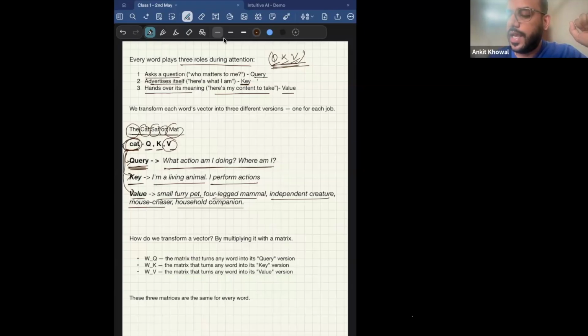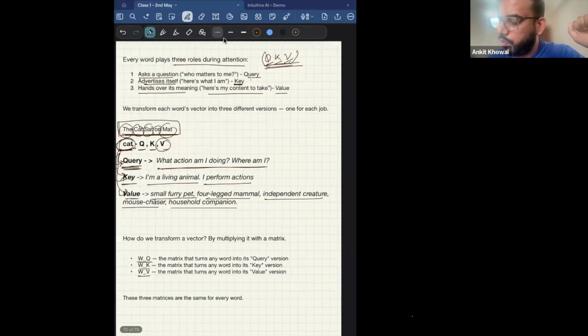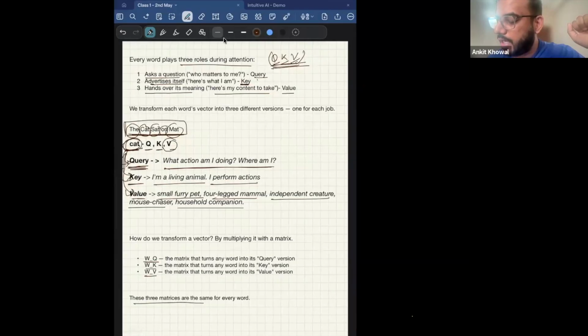Think of these words as persons in the room who are trying to understand their meaning in this particular room. So now, like I said, we'll take each word and transform them into query, key, and value matrices. How do we do that? We take the vector of cat and multiply it by a matrix called WQ, which is the query matrix, and with WK, which is the key matrix, and WV, which is the value matrix. Just for you to visualize, these three matrices are the same for every word.